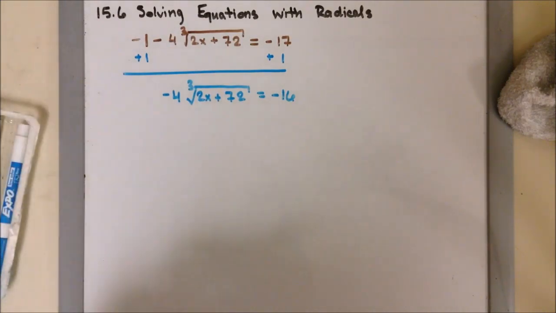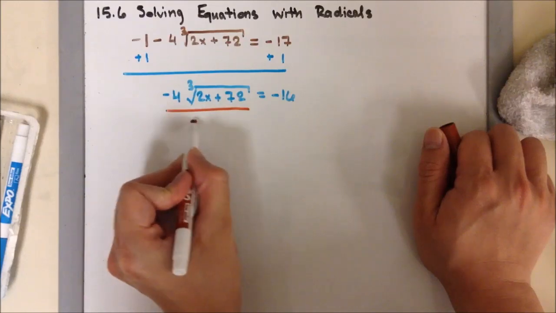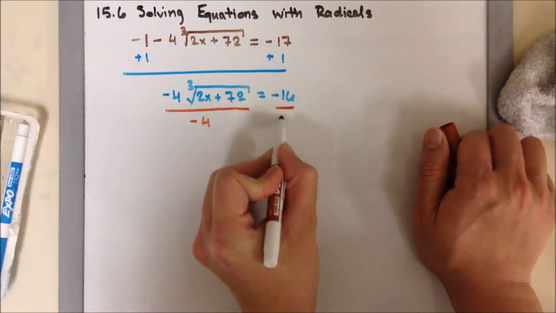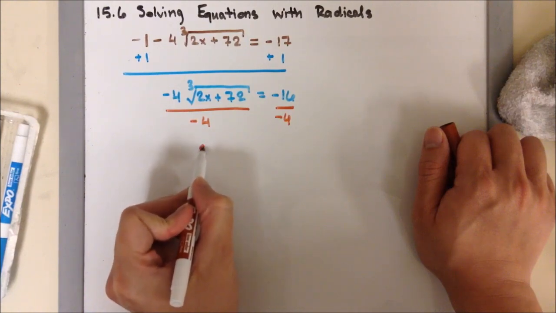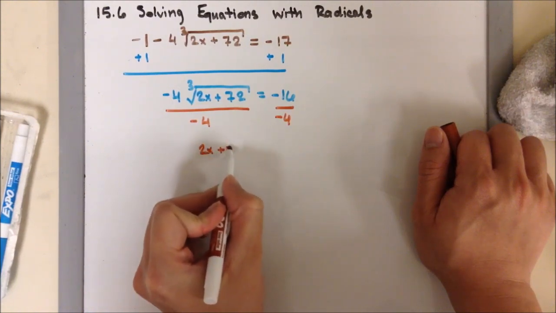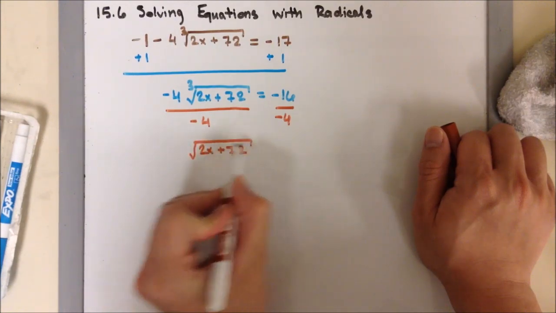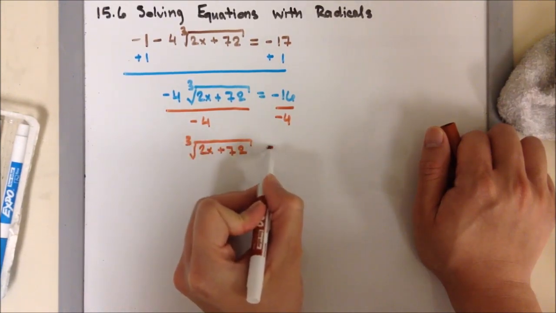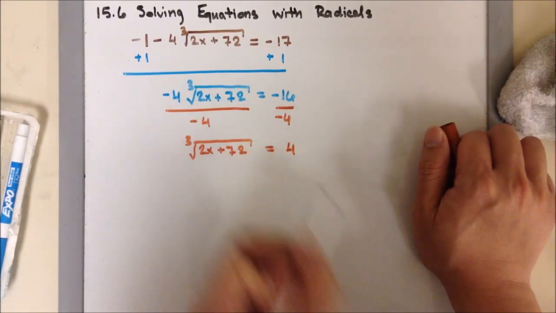And then I'm going to divide both sides by -4 so I can get the radical by itself. So I'm going to still have the cube root of 2x plus 72 equal -16 divided by -4 will be +4.